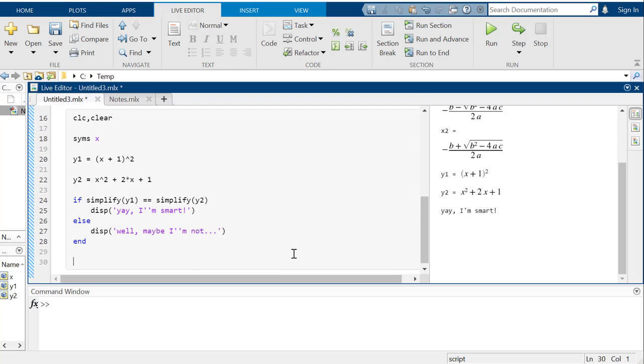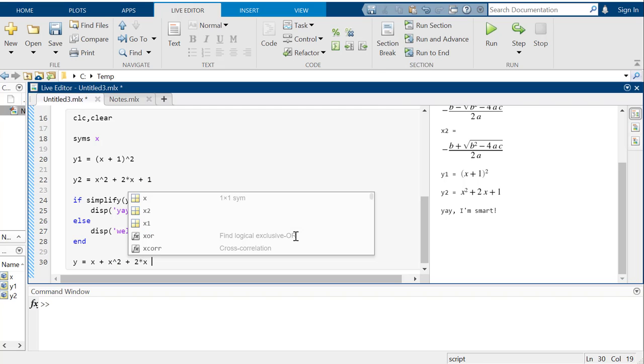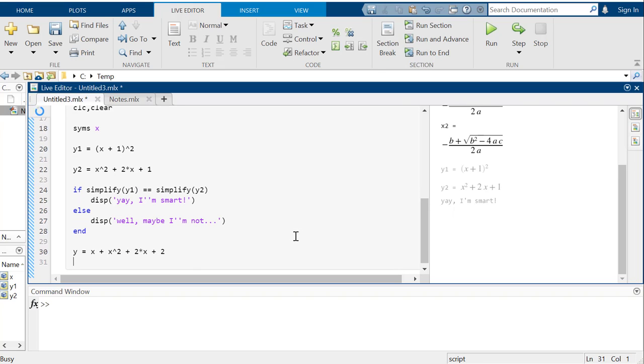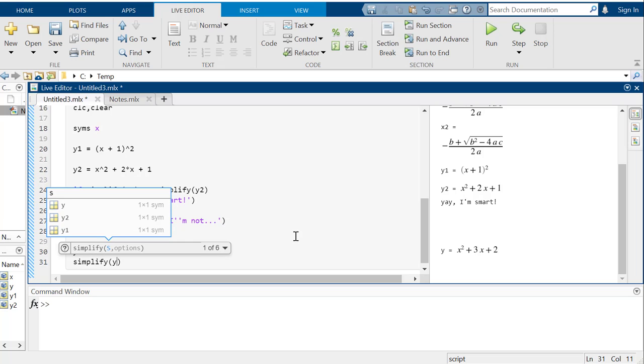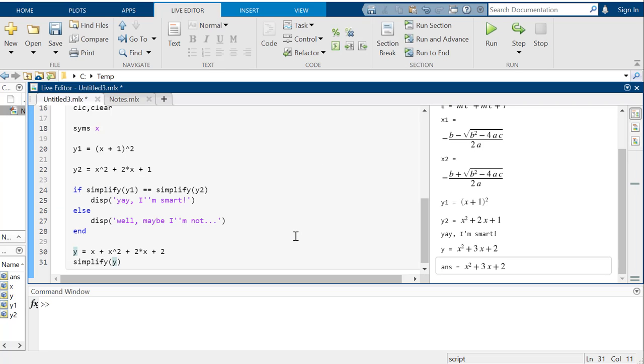So you can do some weird things. You can be like, okay, so x plus x squared plus 2x plus 2, and I run it like that, and then I say, well, can that do anything? And it's like, no. I'm like, oh, okay, well, that's unfortunate because I kind of thought that it would.